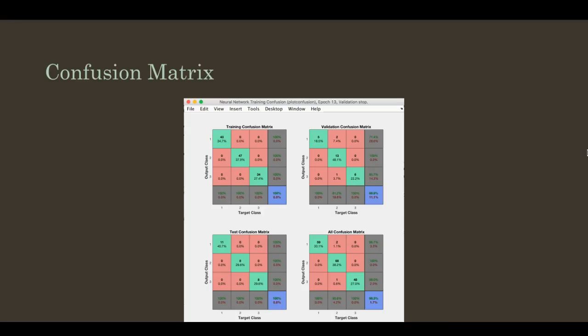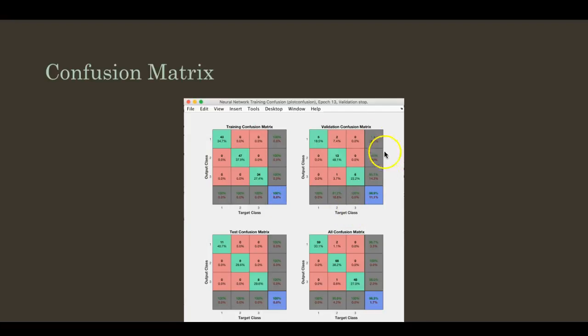Moving on to the confusion matrix, this shows how accurately the results have been classified. The green boxes show how many were correctly classified, the red shows how many were incorrectly classified, and the blue is an average percentage of those results. During its training stage for this wine vintage, it was 100% classified correctly.